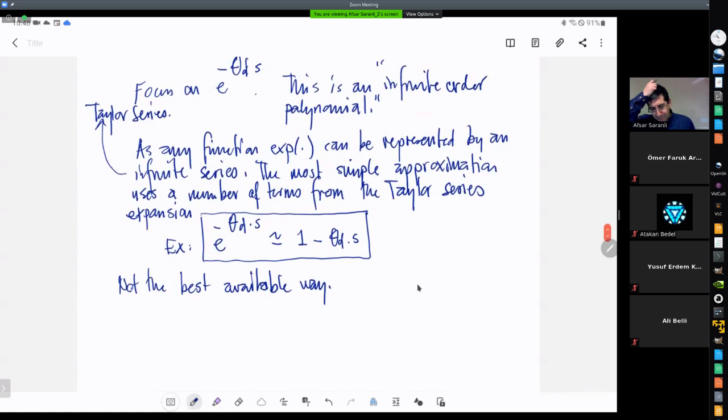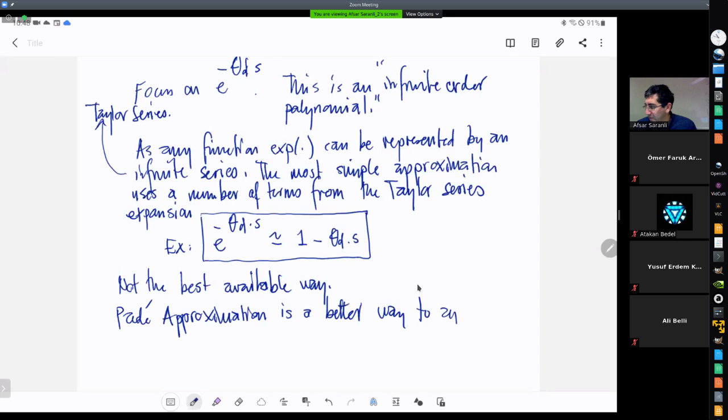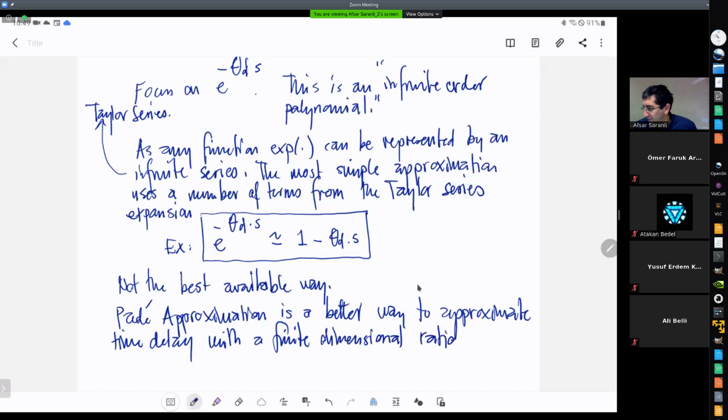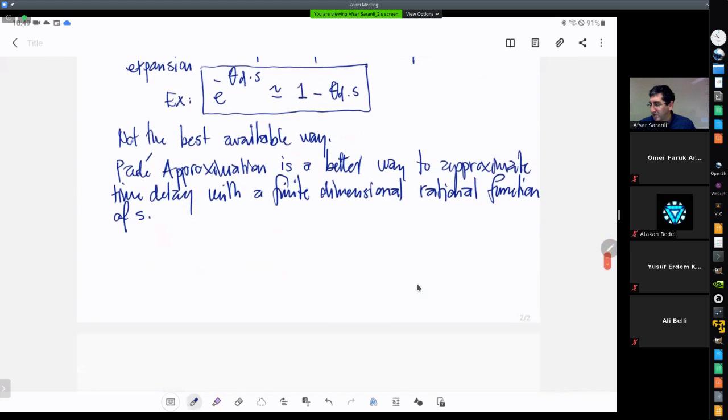So the Padé approximation, so-called, is a better way to approximate time delay with a finite order, finite dimensional rational function of s. Okay, let me give you the definition of the first order Padé approximation.